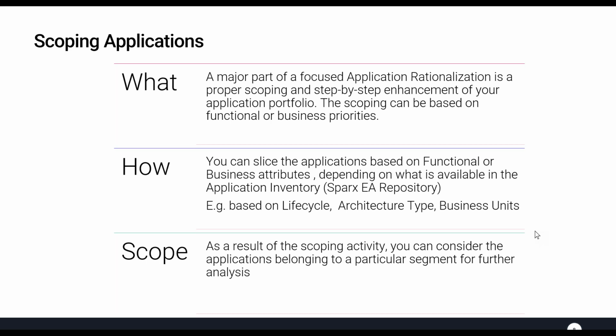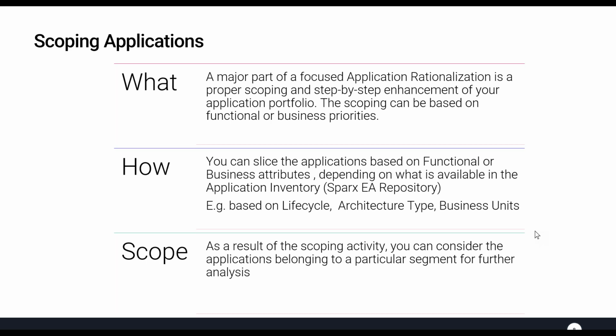But as a first step, we would like to create some proper scoping views so that we can classify applications either functionally or through business priorities, and get an idea of what subset of our entire inventory we are going to start focusing on.